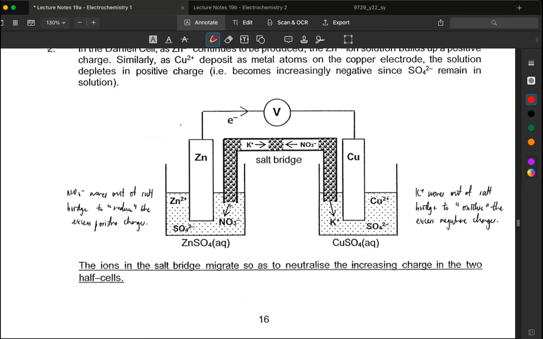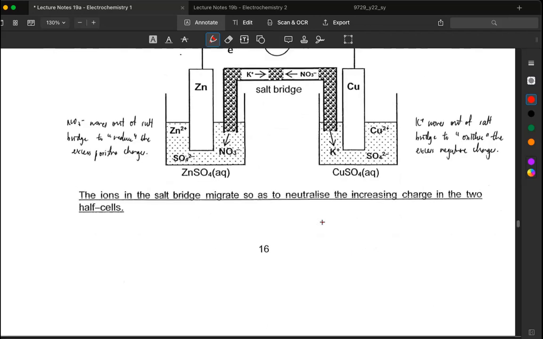So the nitrate comes out and neutralizes the charges here. Then the K+ will come out to neutralize the charges. Okay, it helps to remove the excess negative charge here.